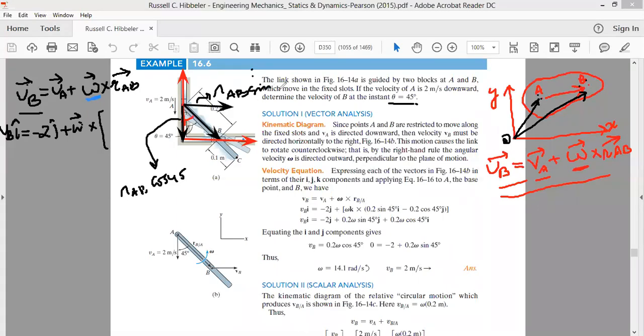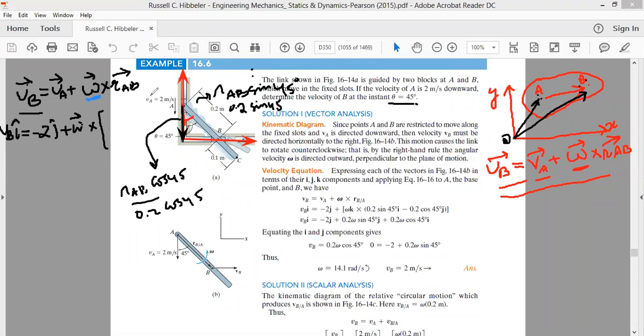And as far as the magnitude of RAB is concerned, the magnitude of RAB is given to us. The magnitude of RAB is equal to 0.2. So we can write this as 0.2 cos of 45, and the other component is 0.2 sine of 45. These are the two components.